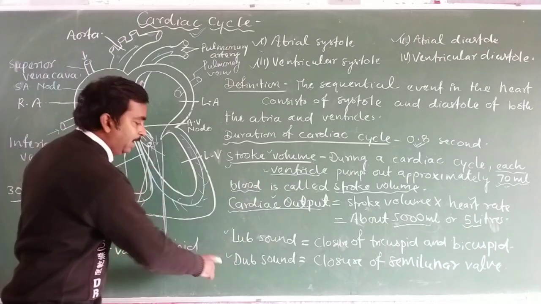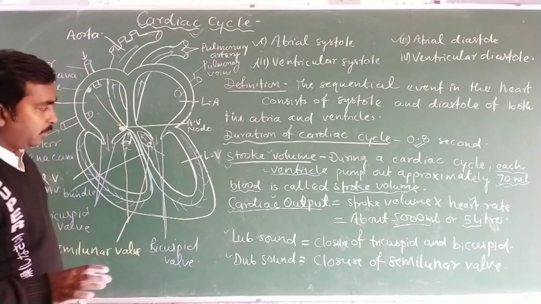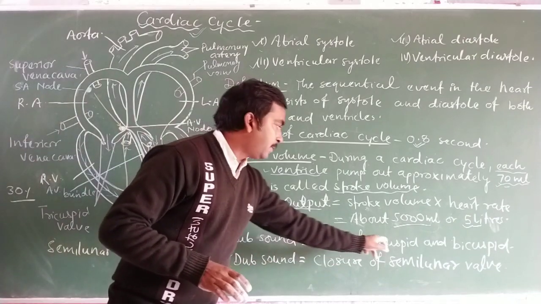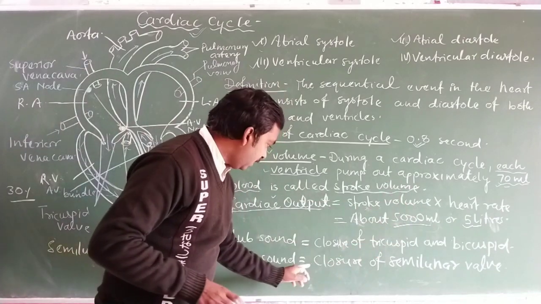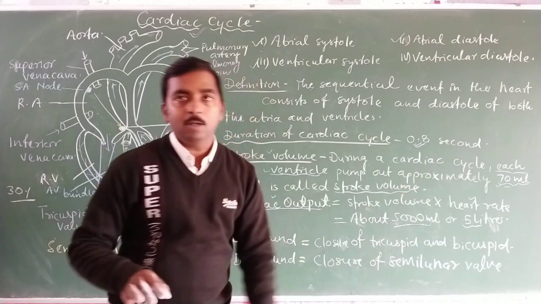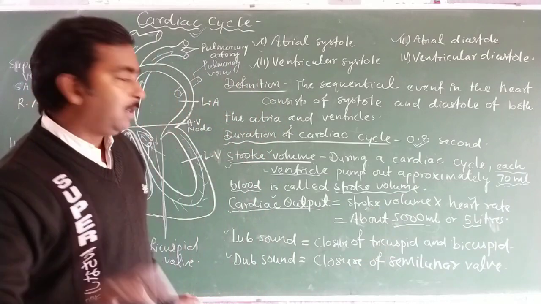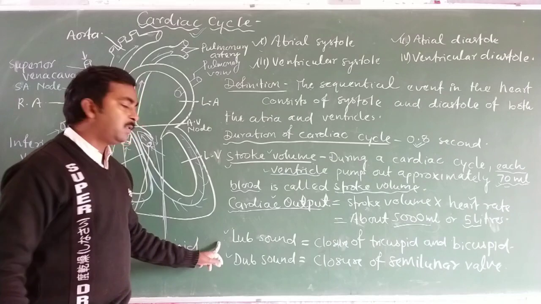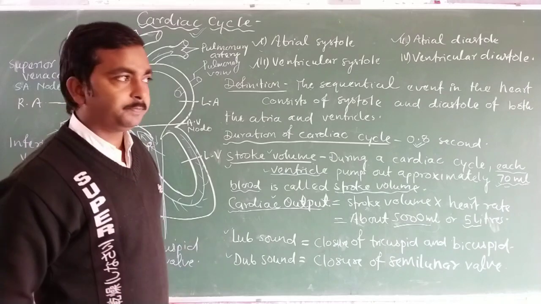So the lub sound and dub sound are created due to the closure of the tricuspid and bicuspid valves and the closure of the semilunar valves respectively, and that leads to the formation of one heartbeat.